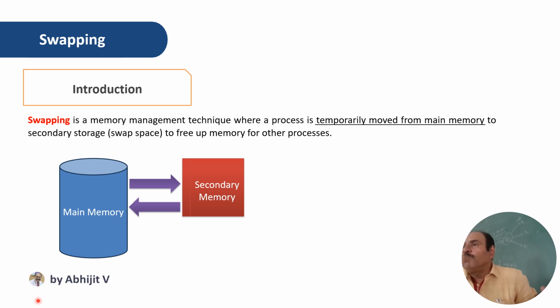It is saved to some other secondary storage device. And when it is required, it is called for again. This process is called swapping. Okay, so you are freeing some space that is already available in the main memory that is being utilized.